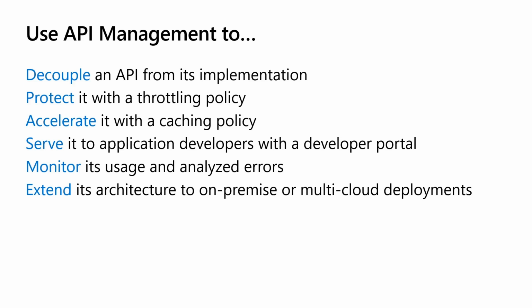We served it to application developers and API consumers with a built-in developer portal in API management, which we also customized to match the branding of Tailwind Traders. We also monitored the usage of our API with built-in analytics and with Application Insights. And lastly, we extended the architecture to a hybrid scenario where the API gateway was running on my local host machine.